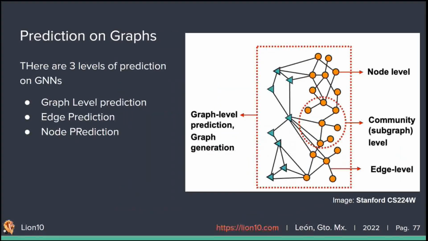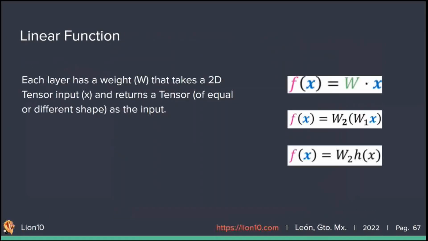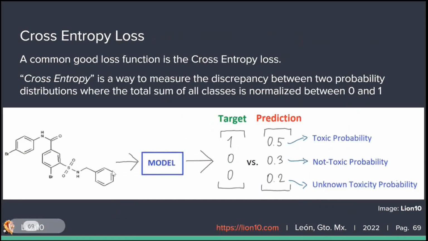And node prediction. Node prediction is similar to edge prediction, except in this case, let's say that we have a subgraph. We want to predict the next node based on an existing graph. So a quick example here in chemistry, just to give some intuition. Let's say that we did not have this node right here.